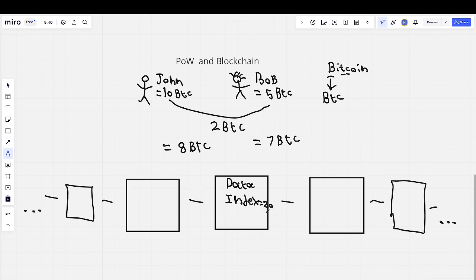That means that this block is the 20th block on this blockchain. And that pretty much is a very simplified version of what the index is. The reason it's necessary is because it's very organized, first of all, as I mentioned with the data, and it just makes it much easier to read and understand.